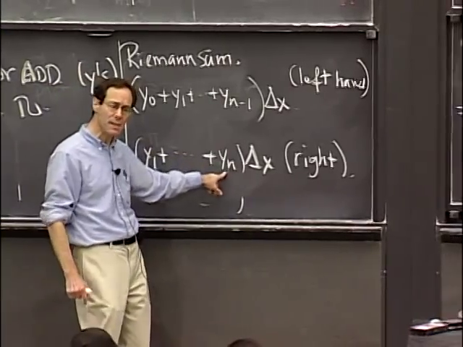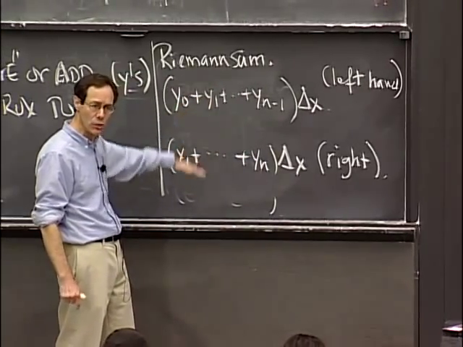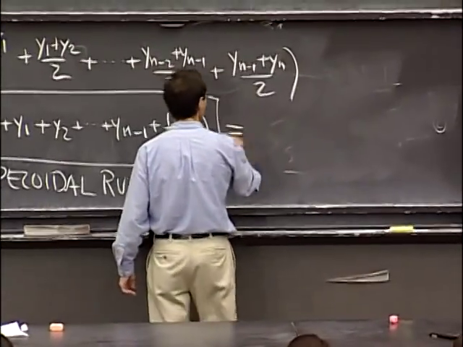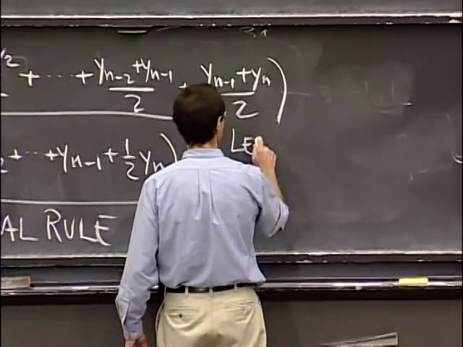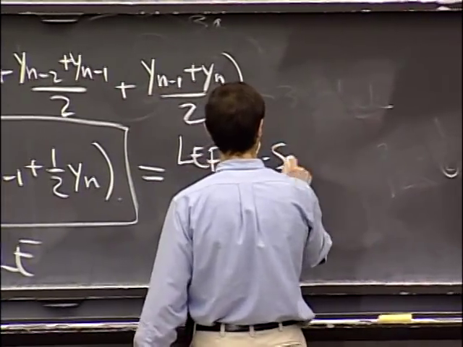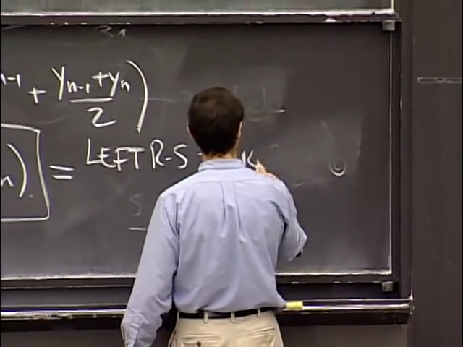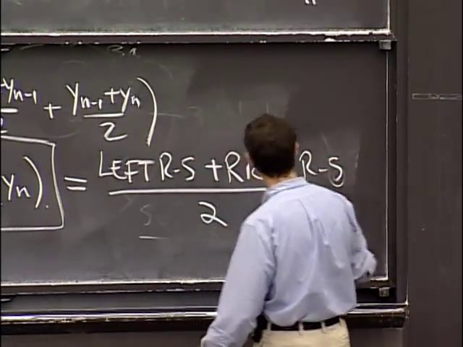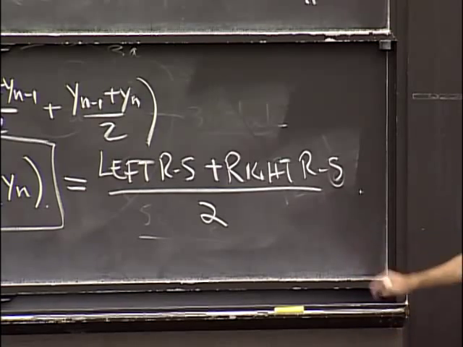So this is the symmetric compromise between the two Riemann sums. This is actually equal to the left Riemann sum plus the right Riemann sum divided by 2. It's the average of them.